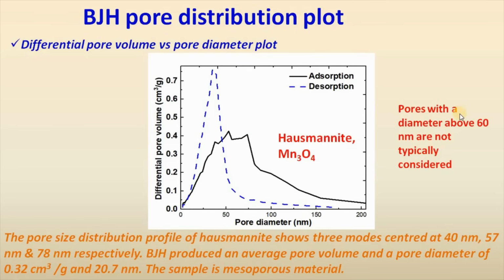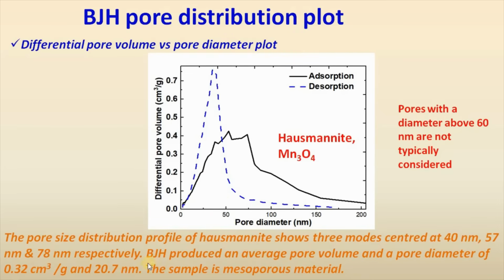However, pores with a diameter above 60 nanometer are not usually considered. On the other hand, for desorption curve, hausmannite shows a single mode centered at around 35 nanometer.